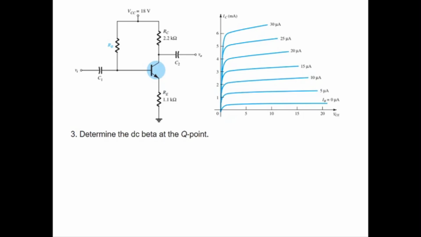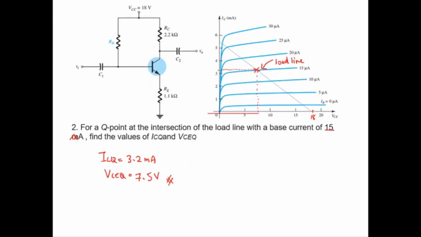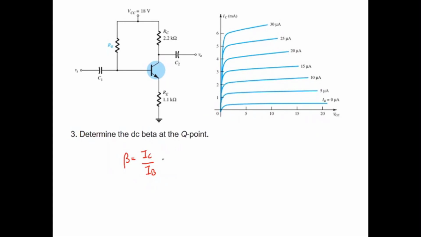Okay, and then determine the beta at the Q point. So you know that the equation of beta is equal to IC over IB. Okay, from the analysis, we know that the IC is 3.2 milliampere at the base current of 15 micro.